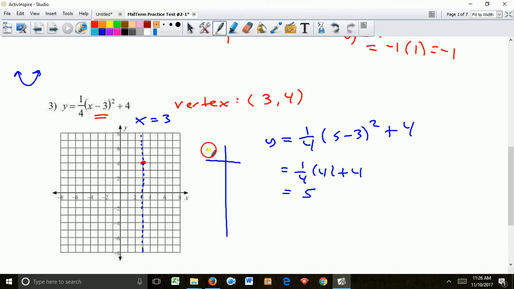So just doing the xy table. Again, the vertex is 3, 4. You plugged in 5 for x and got y being 5. So there is 5, 5 right there.